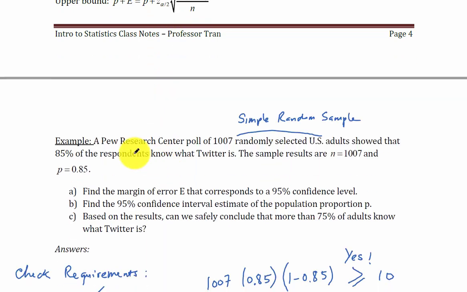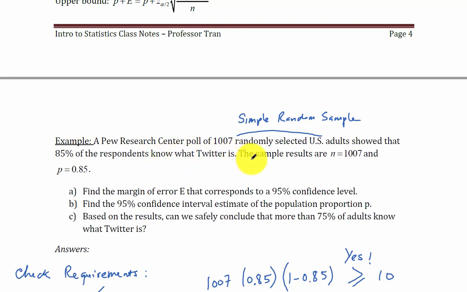Okay, let's try one example here to make more sense. Now there's a research center. They had 1,007 randomly selected US adults, and it shows that 85% of the respondents know what Twitter is.